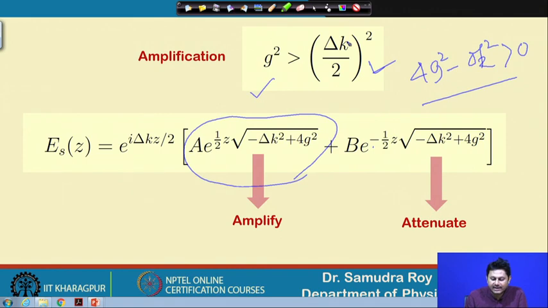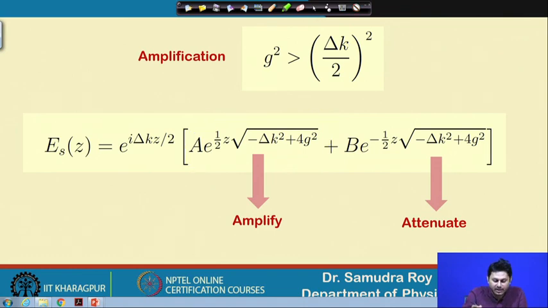Now, if I say delta k equal to 0, then the condition is simply that g has to be greater than 0, which is always the case, because g is a positive quantity. So, we will readily have the amplification of ES, but delta k not equal to 0 puts a kind of restriction or threshold condition for amplification.